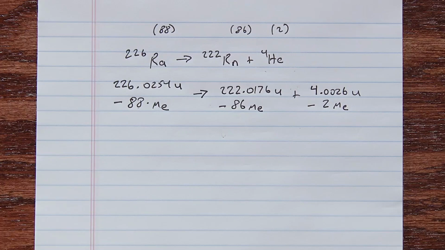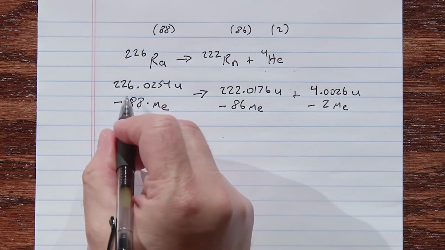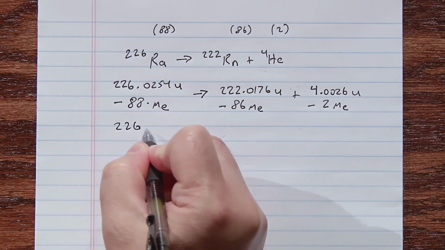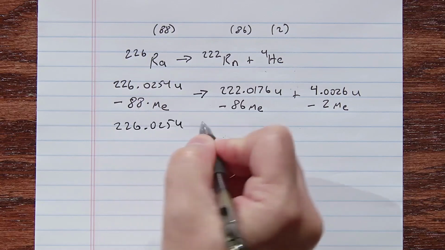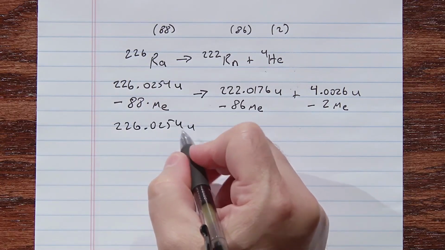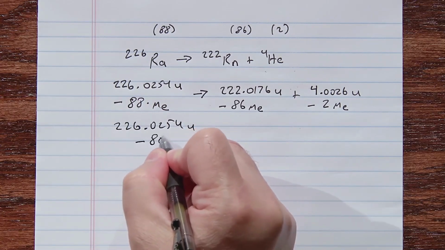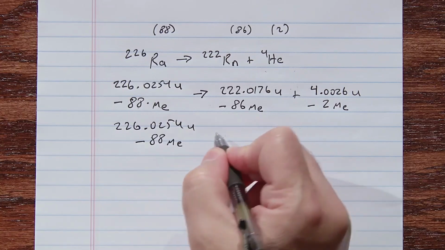Actually, let me carry it on one more step. So this would be 226.0254 atomic mass units minus the mass of 88 electrons.